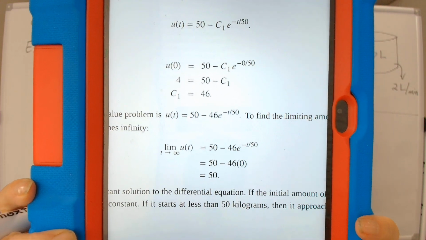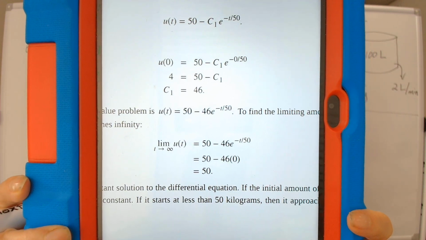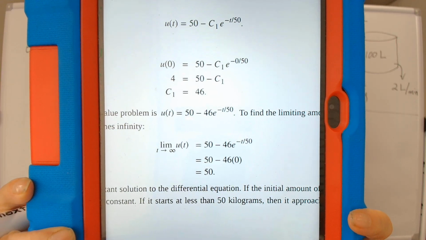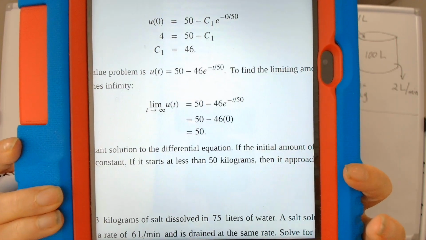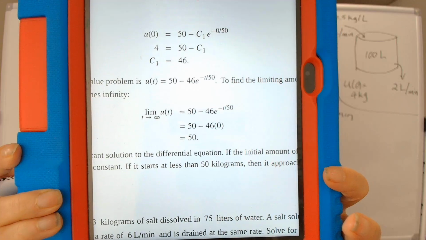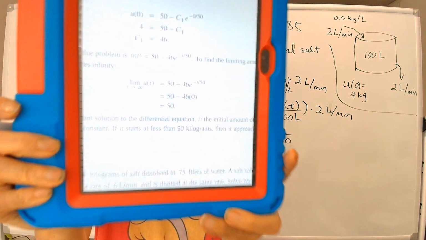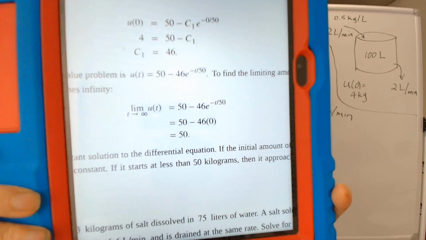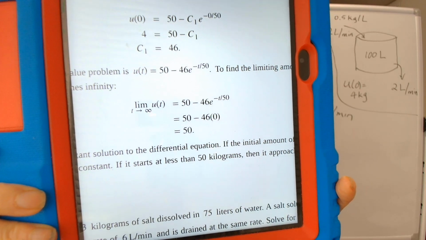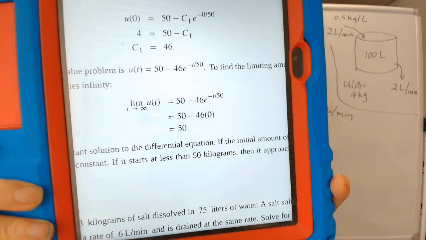And then you will figure out that c1 equals some set number by plugging in the initial value, because u(0) is given as 4. So you quickly calculate what the c is, and that's about it.